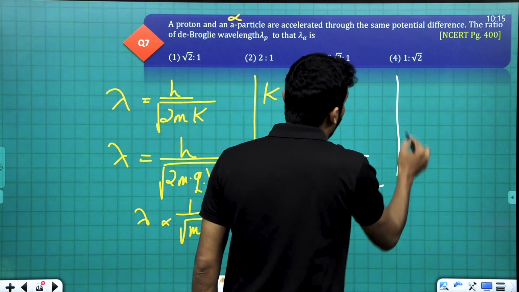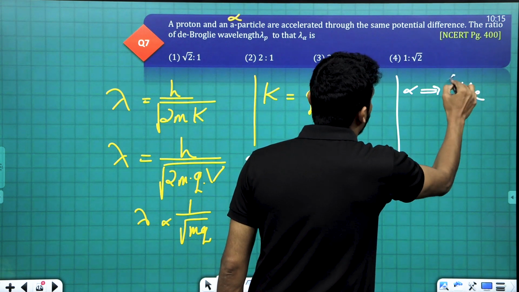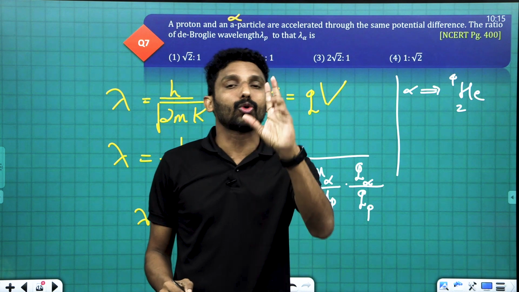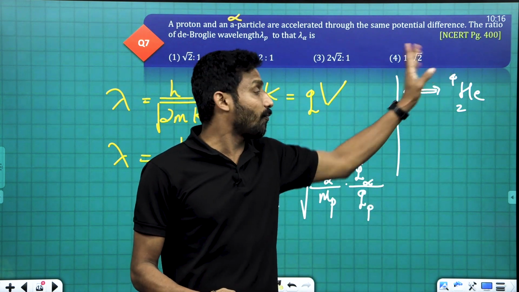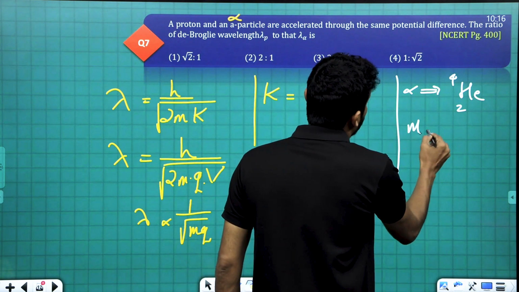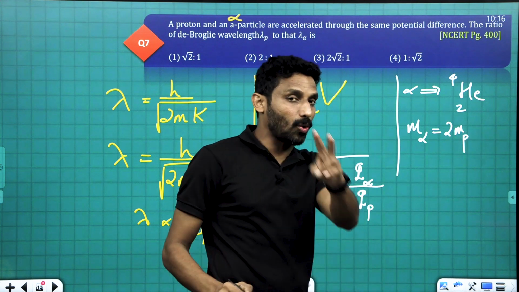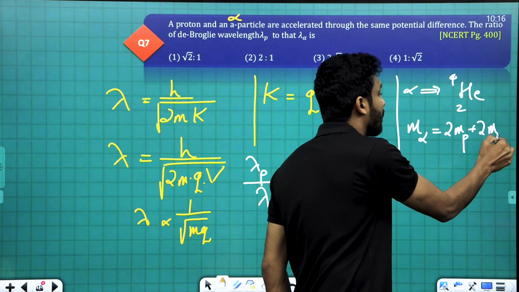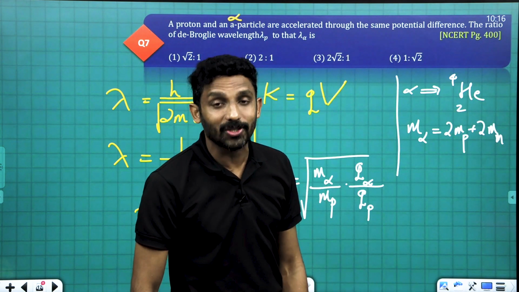You know alpha particle is a helium nucleus, isn't it? Helium nucleus, which means there are 2 protons and 2 neutrons. 2 plus 2, 4, mass number. Then what is the mass of alpha? Mass of alpha is twice the mass of proton, because there are 2 protons, plus twice the mass of neutron.